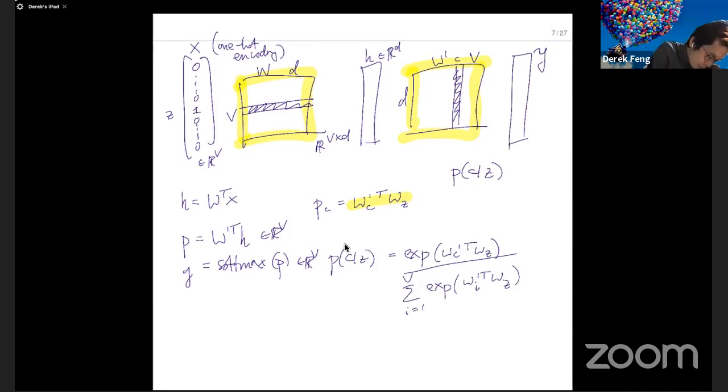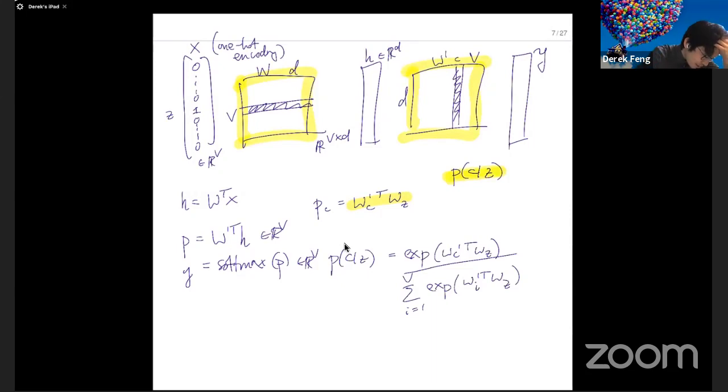Remember, what is a model? The whole point of a model is to assign a likelihood to the possibility of seeing C followed by Z. Obviously in the skipgram setting, C doesn't have to be followed by Z, but let's forget about that for now. All this model is doing is assigning a likelihood to this particular case, right?